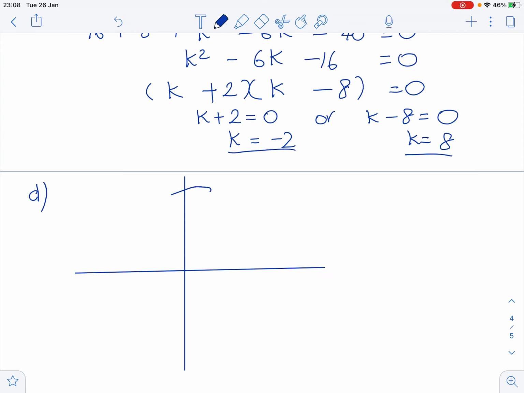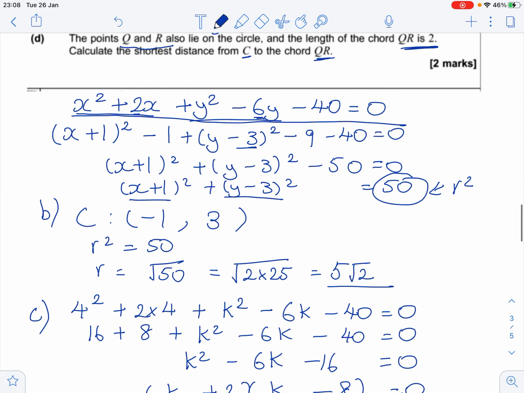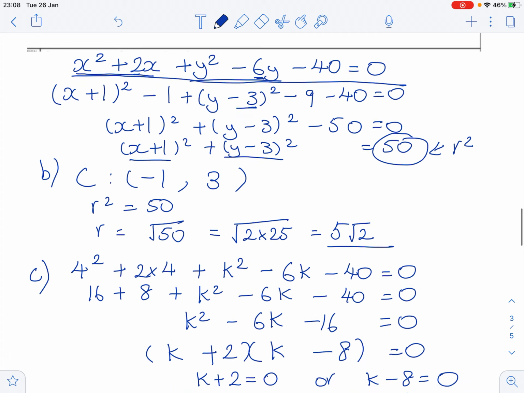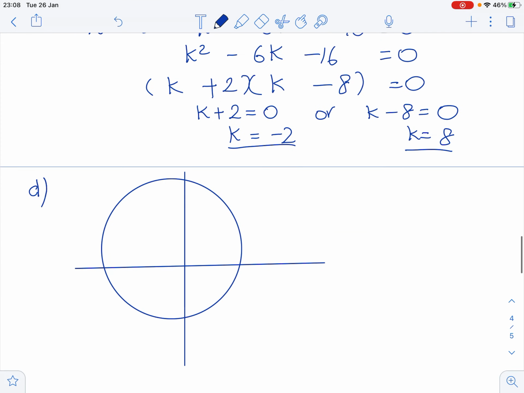So we have our circle here. And we know the center from part B is (minus 1, 3). So our center is somewhere around here.